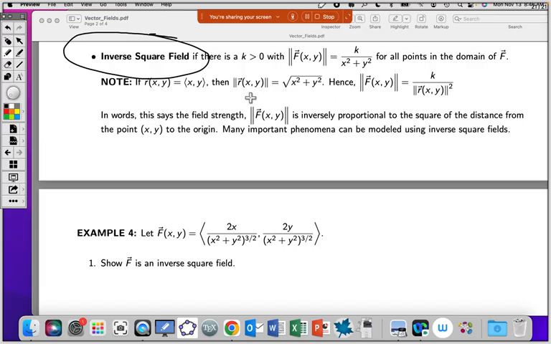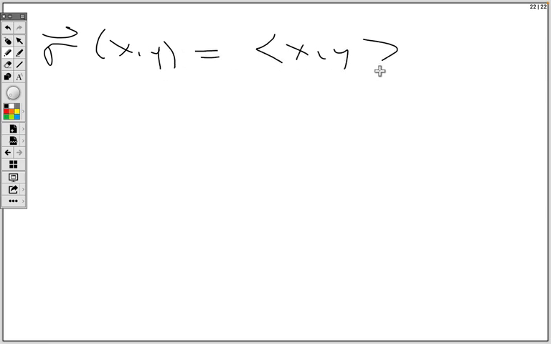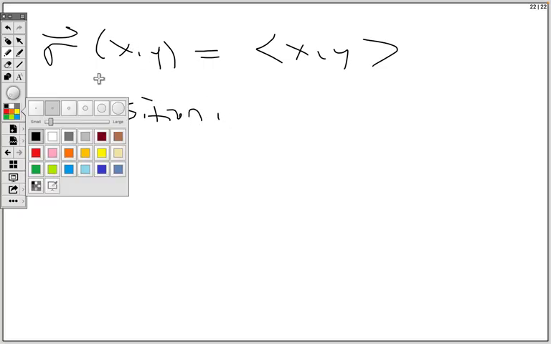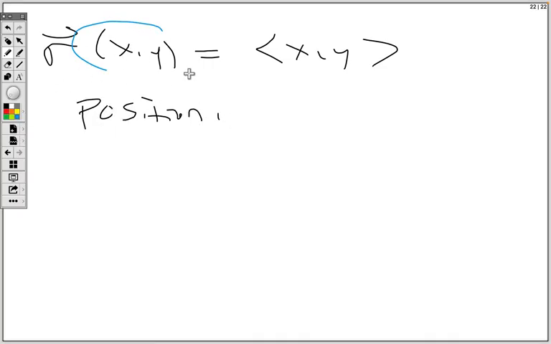So what's actually happening here, where does this come from, is this vector field r of x, y is x, y. This is basically your position field, because it just gives you the vector based on your position.